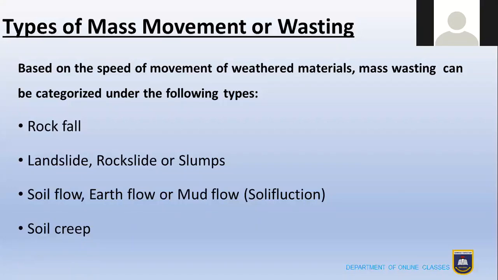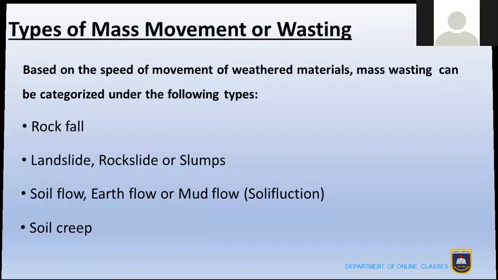These are the various types of mass wasting or mass movement that we shall look at. Now we'll take them one after the other, look at how they occur, and then look at some of the possible effects of mass wasting. All right, let's take the first one, rockfall.